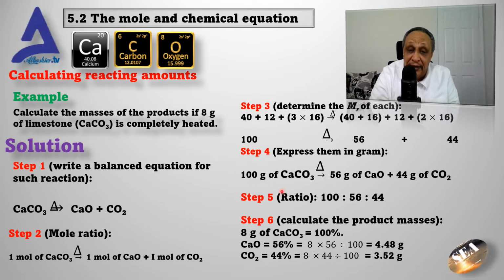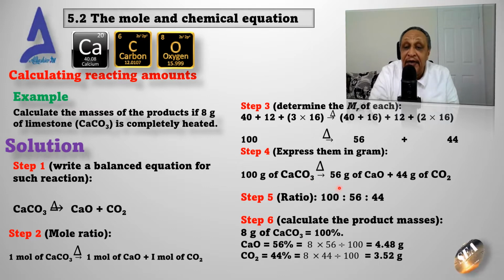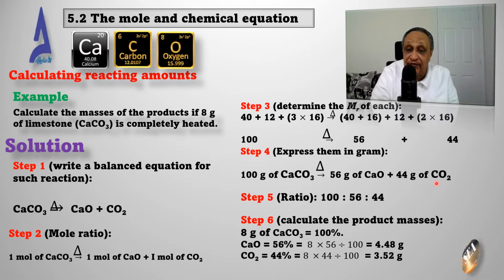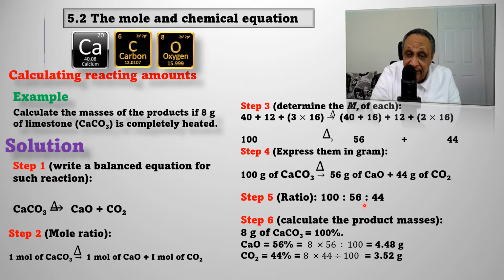If I burn completely 100 grams of calcium carbonate, it will produce 56 grams of calcium oxide plus 44 grams of carbon dioxide. The ratio that I need is 100, 56 and 44. This is up to step 5.